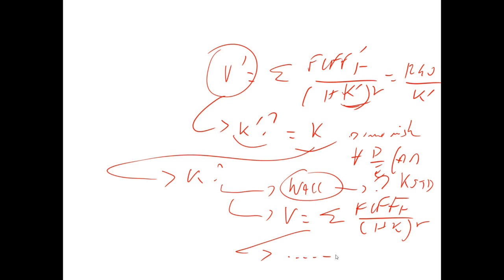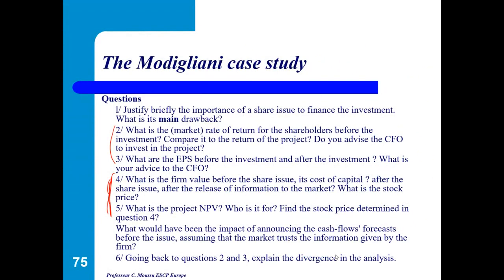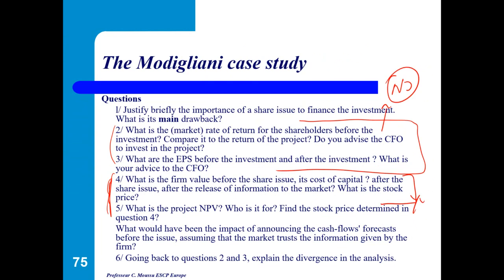What's difficult here in this case study is that this will tell you we should not invest. And when you do that, you will say, yes, we have to invest. In fact, this investment is good.